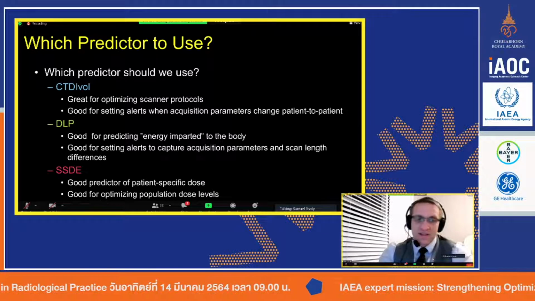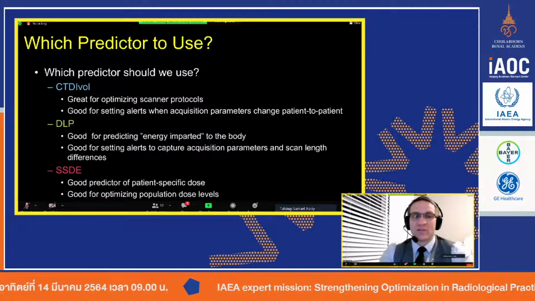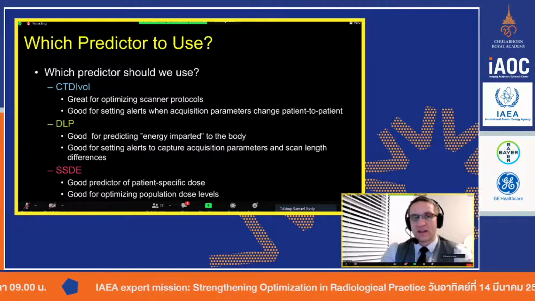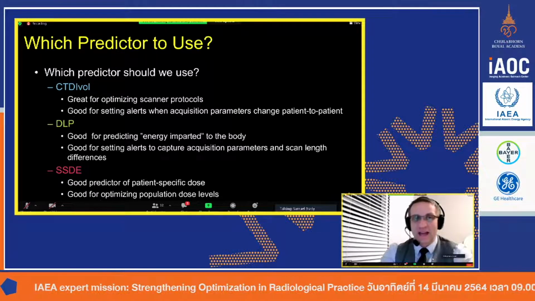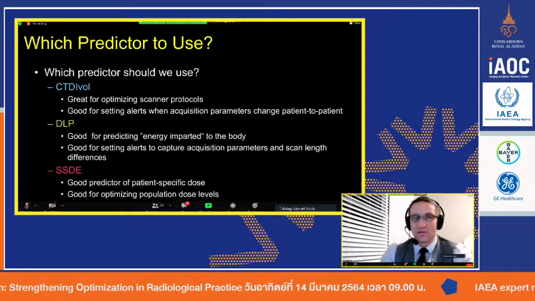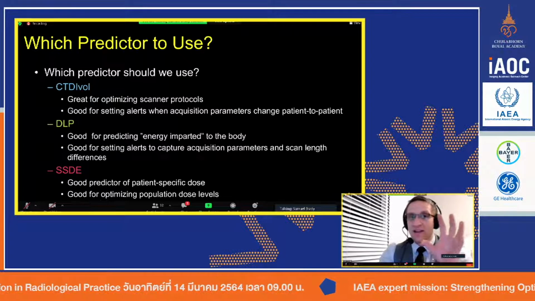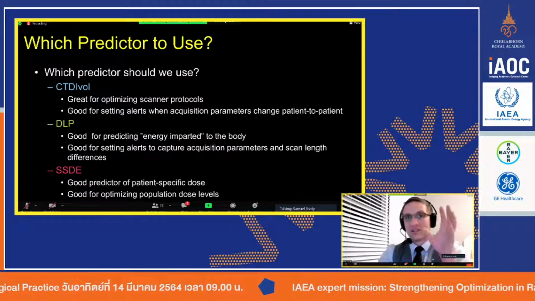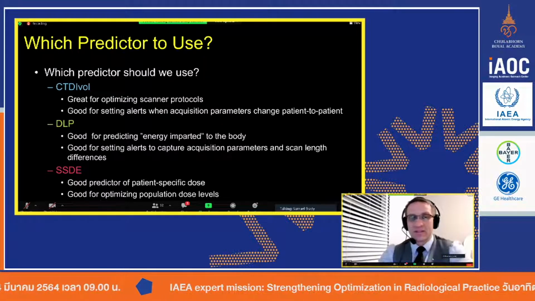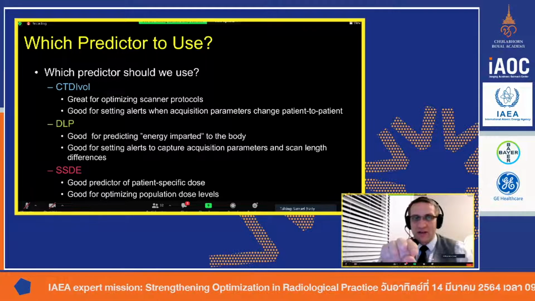All right, and then SSDE, as we've talked about, the size-specific dose estimate is good because it helps us convert, or it helps us better use volume CTDI to predict actual dose burden to the patient. CTDI vol, and this is why the IAEA started calling it the air kerma, or the volumetric air kerma index, is a value that we calculate for the center of the scanner in air.